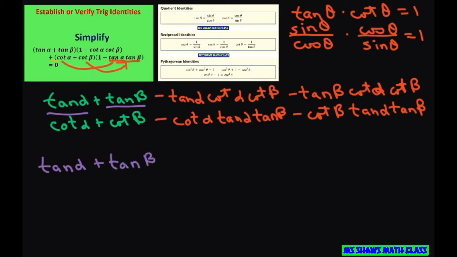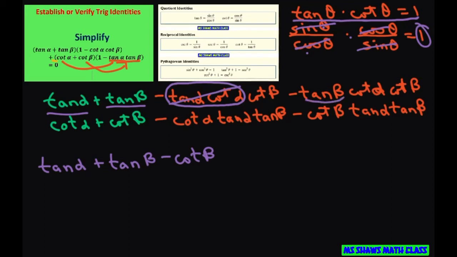Now, before we continue on, if you have tan of theta times cotan of theta, that equals 1, because sine of theta divided by cosine of theta times cosine of theta divided by sine of theta, those cancel out, and you get 1. So your angles have to be the same. So what happens here, since these are both alphas, this equals 1. So we really have minus cotan of beta.